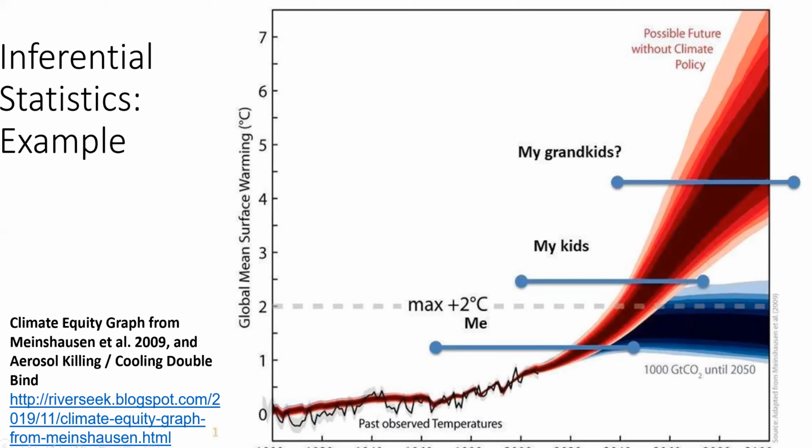We could see that the pattern here is more of a parabolic shape. So if this continues, these are the possible developments for mankind. You can see the predictions for our generation, and then for the next generation of kids, and the second generation, two generations from ours, if this is the possible future without climate policy.